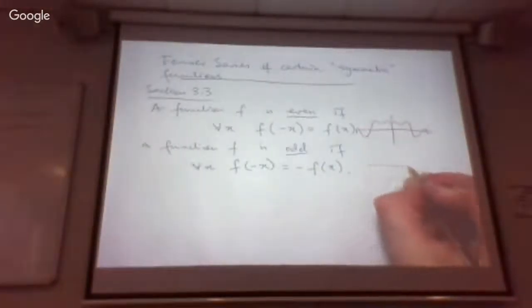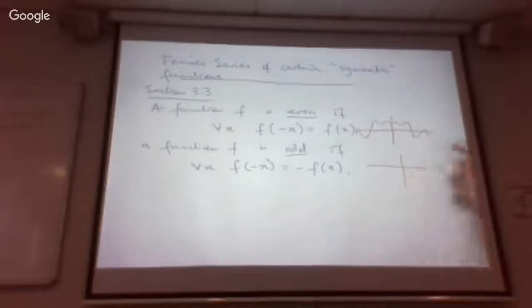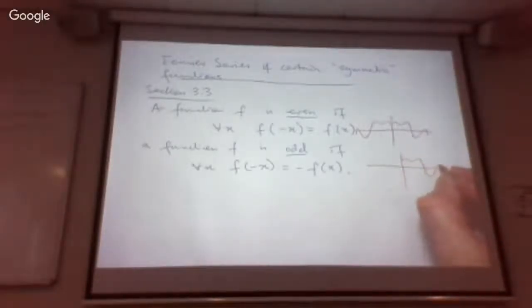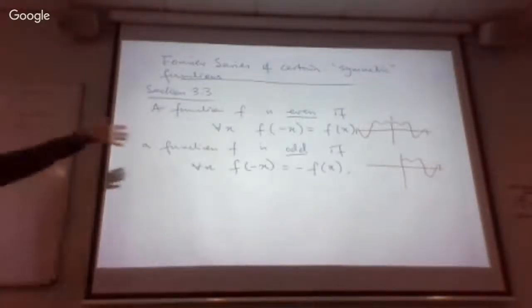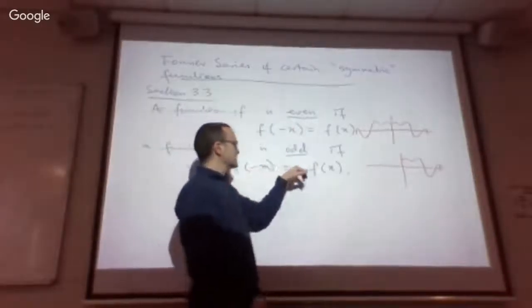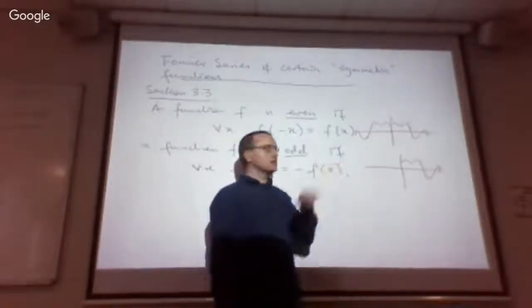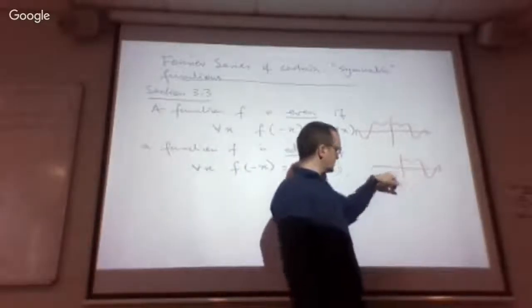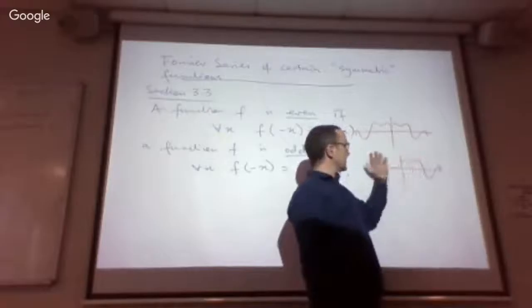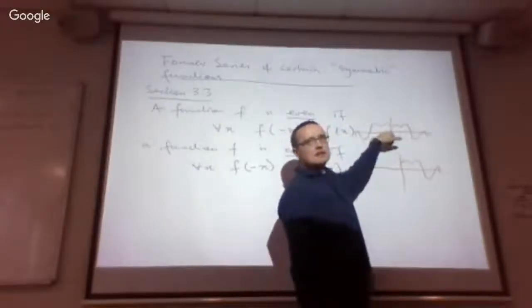An odd function, let's draw the same kind of behavior on the right-hand side. If an odd function is doing that to the right of the y-axis, well, f of minus x must be the negative of what it's doing. So in order to draw it on the left-hand side, less than 0, you have to reflect it like we did for the even function.